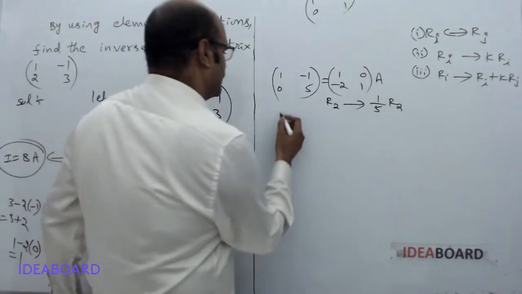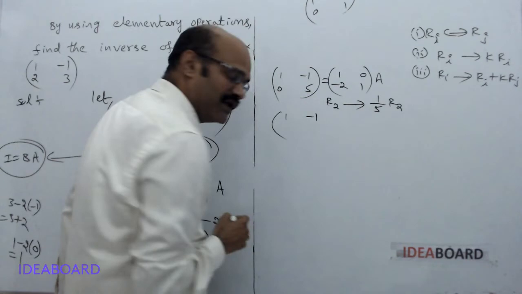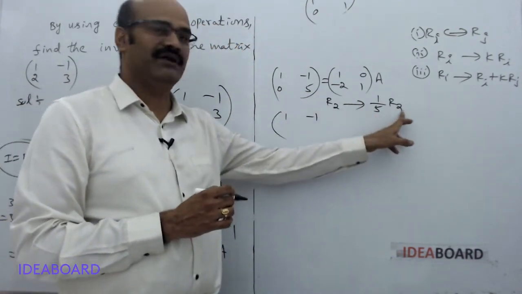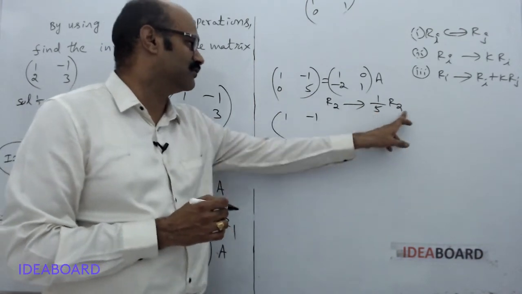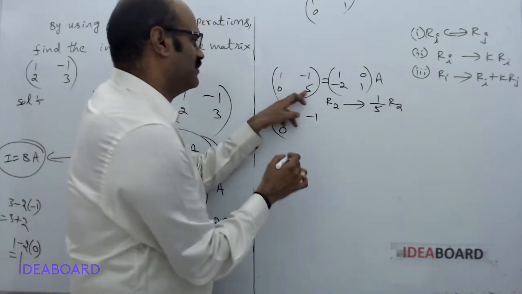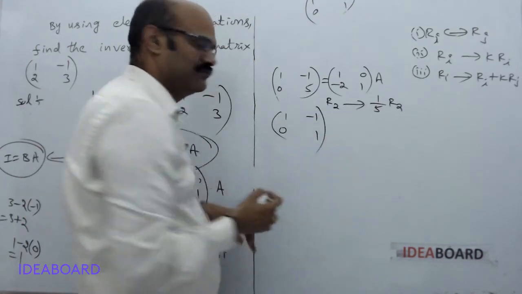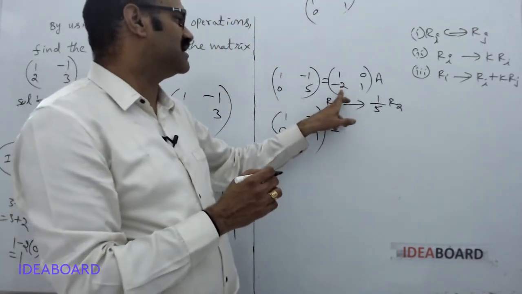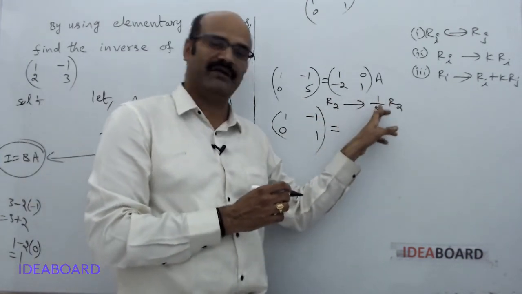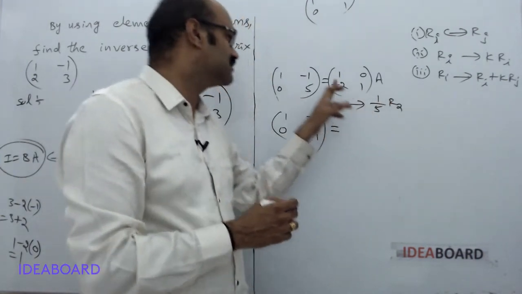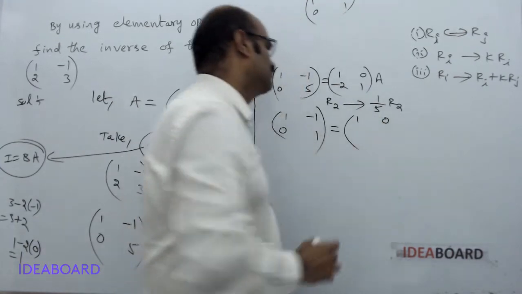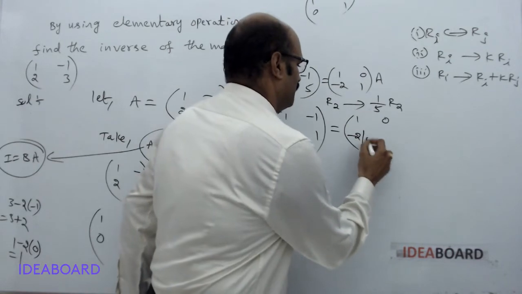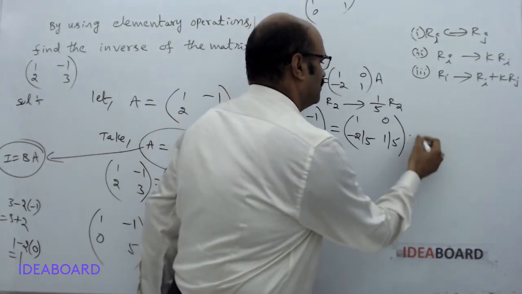So we should take it as now [1, -1; 0, 1]. R2 implies 1 by 5 into R2: 1 by 5 into 0, so 0. 1 by 5 into 5, 1. We have to multiply each and every element of R2 by 1 by 5 here. So it implies [1, 0; -2/5, 1/5] into A.